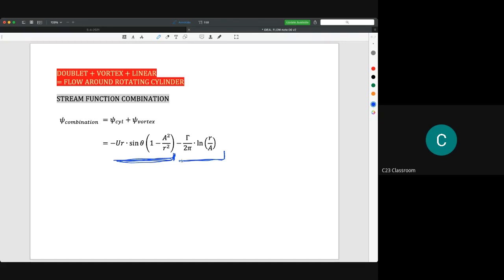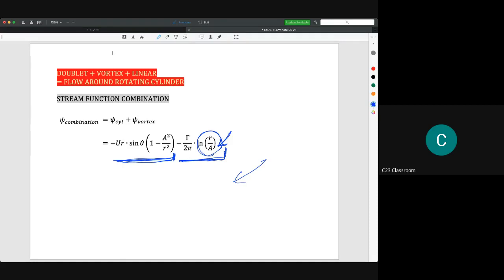And then we derived our vortex as negative gamma over 2 pi ln r over A. Please make sure that you have r over A here, because in certain textbooks they will give you the vortex basic stream function as negative gamma over 2 pi ln r. At this stage you need to make sure that you will have ln r over A. But I show you the different way.